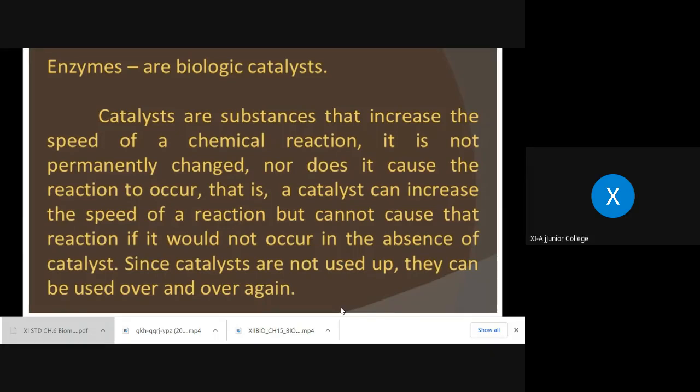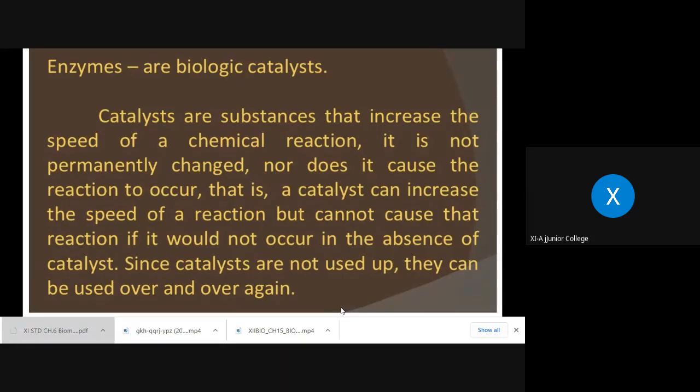Catalysts are substances that increase the speed of a chemical reaction. It does not permanently change, nor does it cause the reaction to occur. That is, a catalyst can increase the speed of the reaction, but cannot cause the reaction.